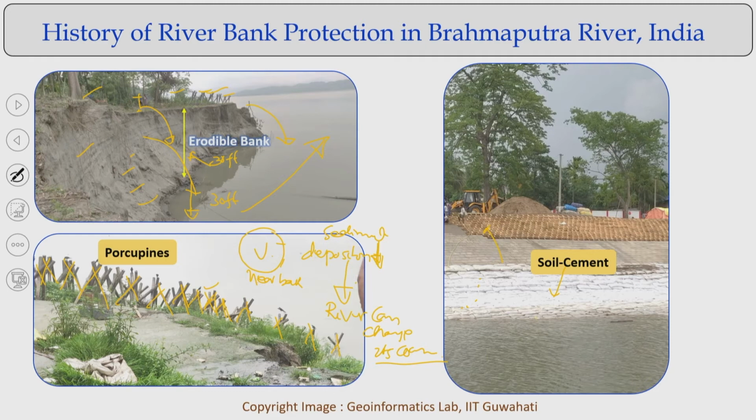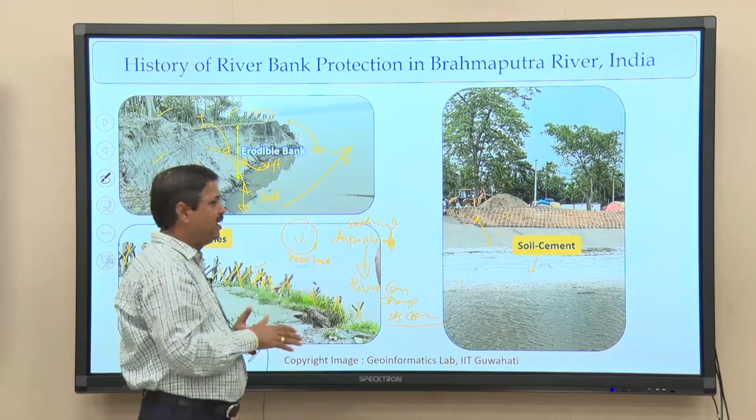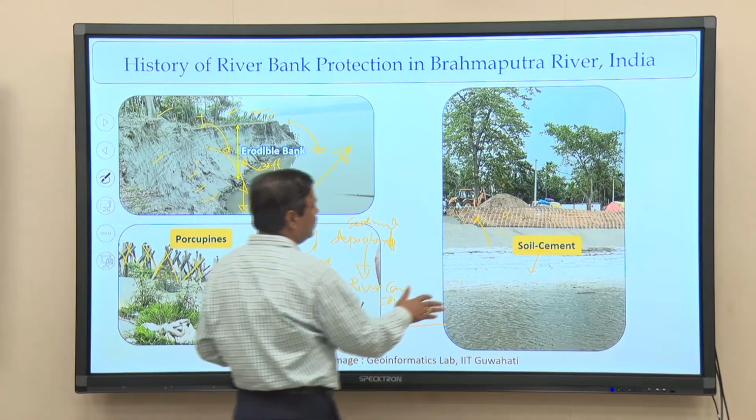You can think of protecting the river bank with soil cement and some sort of gabion or surface protection systems, like putting stones or even bricks.